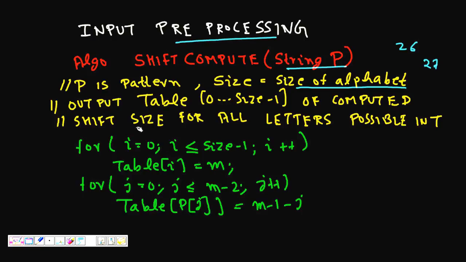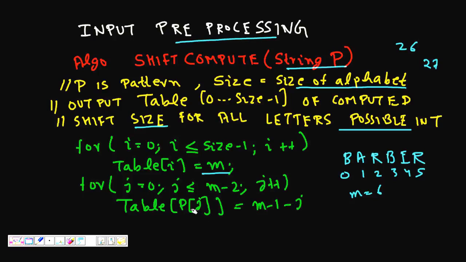Now we will compute the shift size for all letters. In the first for loop, for all the letters in the alphabet, we make the table for that letter equal to m. Because if that letter is not present in the pattern, you can directly shift by m, the pattern length. But for letters which are present, what will we do? For example, barber. This is 0, 1, 2, 3, 4, 5 and m is equal to 6.